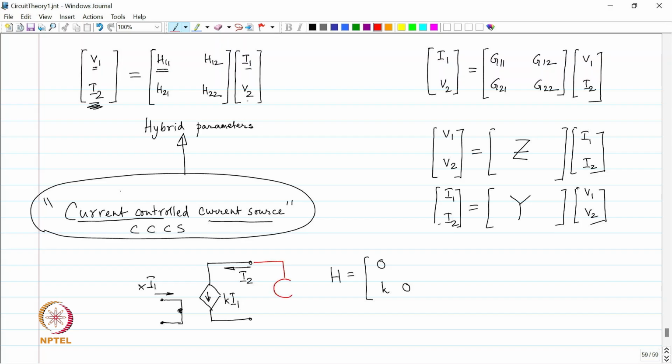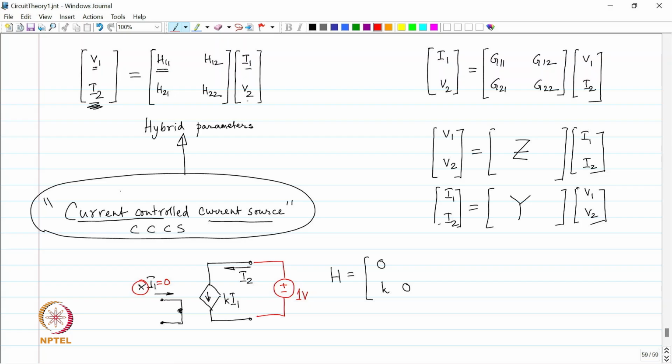We have applied 1 volt at port 2, and over here we are not connecting anything to port 1. So, if this current is I1, I1 is automatically equal to 0. We have open circuited to make I1 equal to 0.